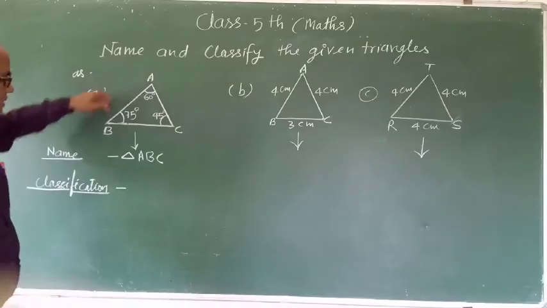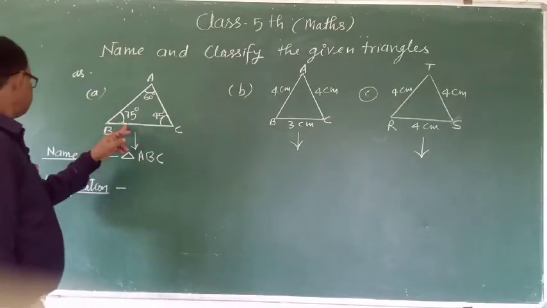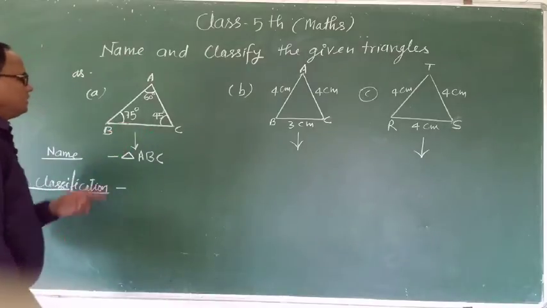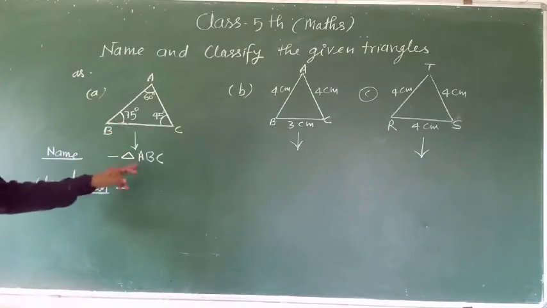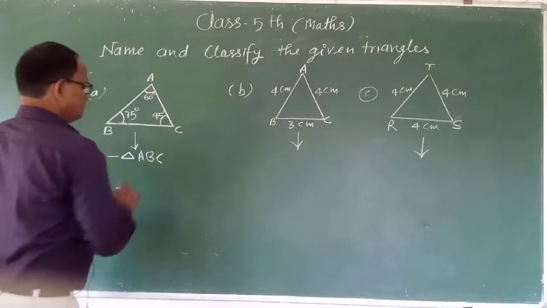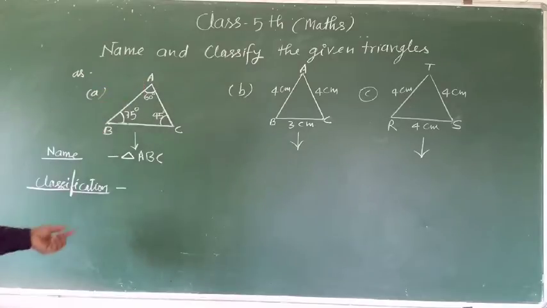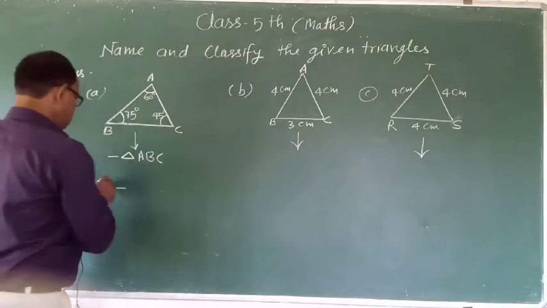Then these sides are also not equal. Triangle ABC is a scalene triangle.